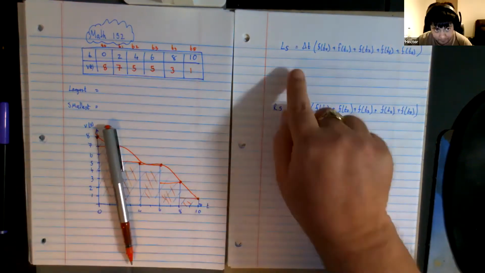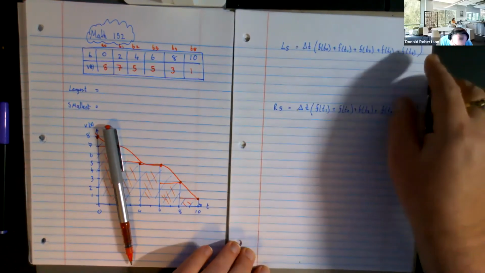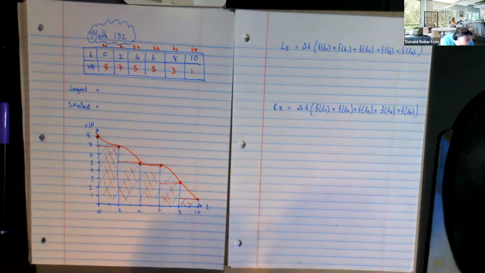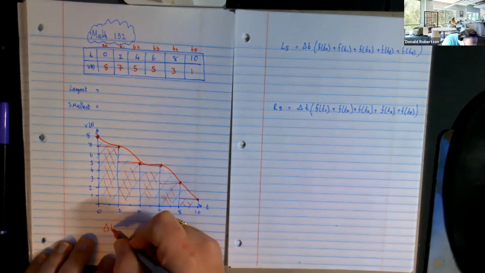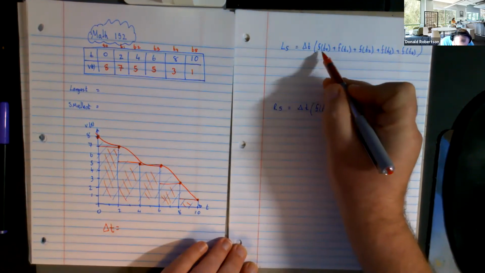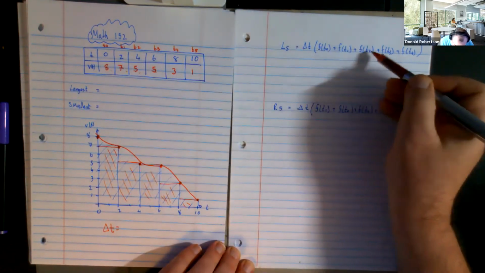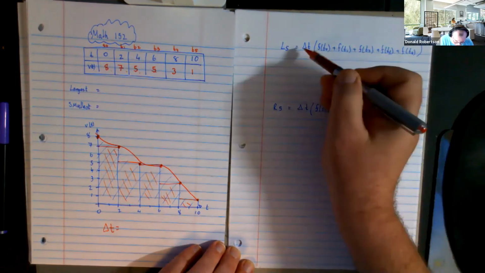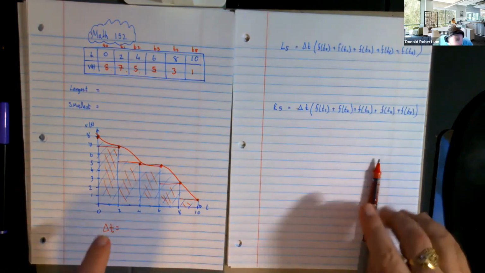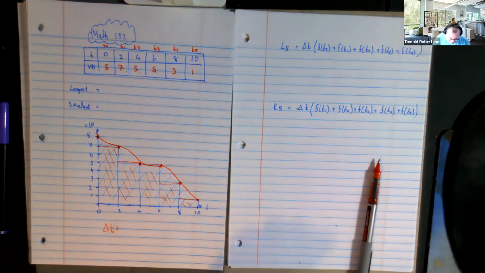Now, I've written down the formula very algebraically, but basically what you do is you take the width, which is delta t, and you find the value of the function at these given points, add them up, multiply by delta t, and that will eventually give you the area estimate.